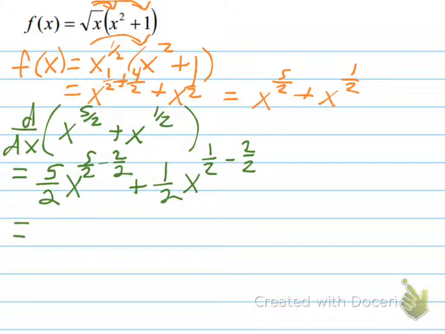This would give me 5 over 2 x to the 3/2 power plus 1/2 x to the negative 1/2 power.